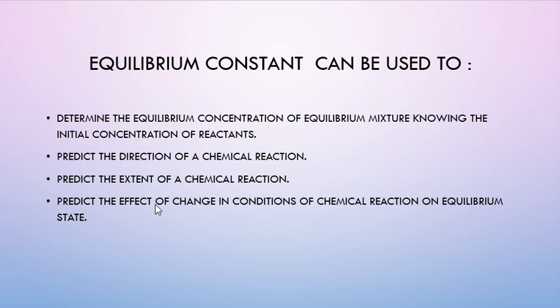If we change any of these conditions on a chemical reaction when the reaction is at equilibrium state, then we can determine how this reaction is going to behave and what type of effects are going to occur on the chemical equilibrium state of a reaction.